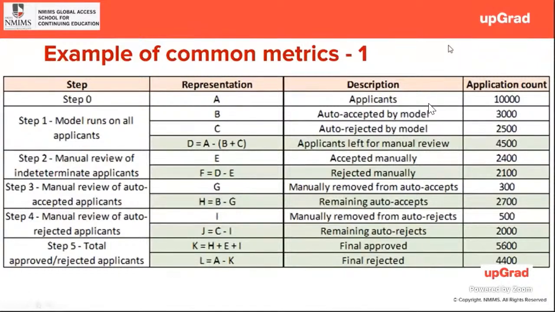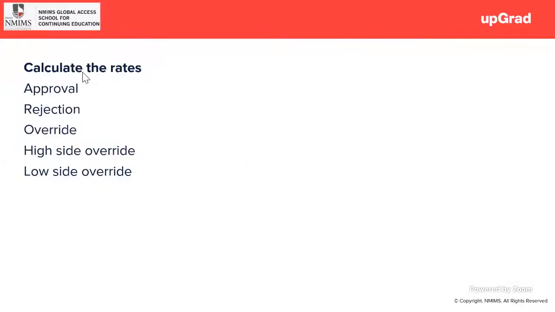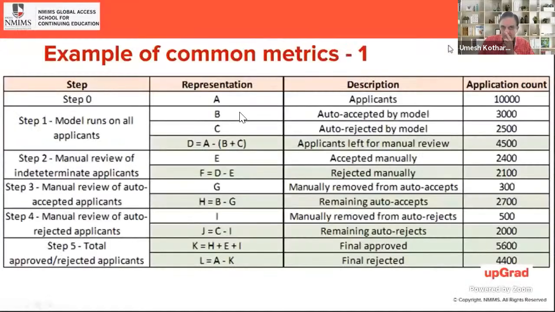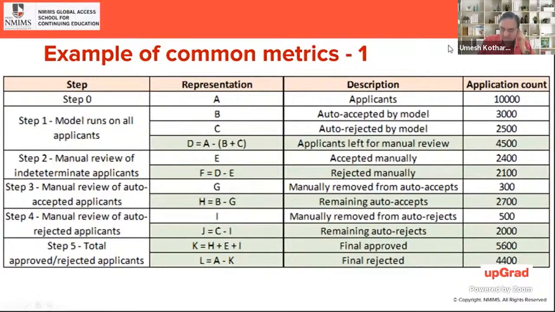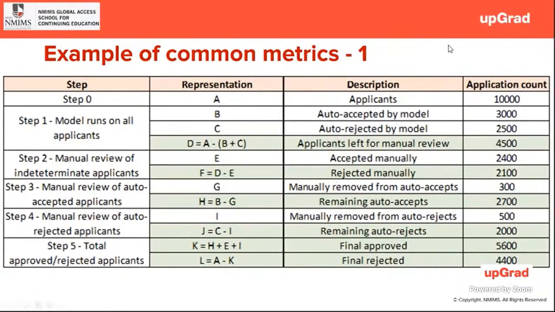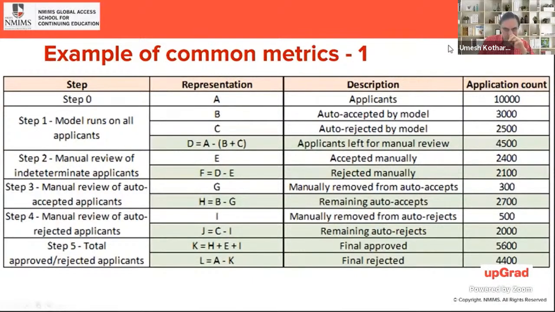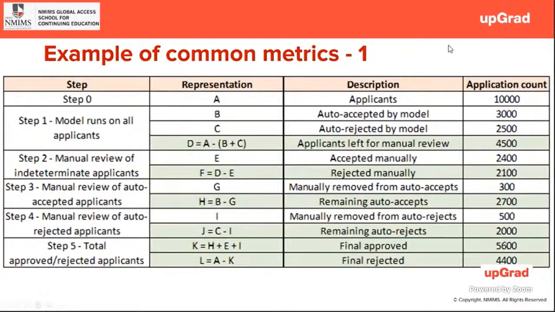So the first one was to calculate the approval rate. Total applications were 10,000, and out of that, final approved was 5,600. So we got around 56%. That is correct.